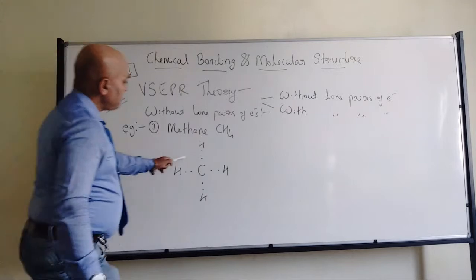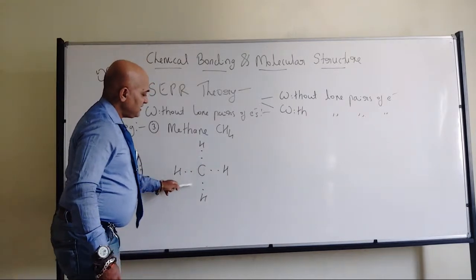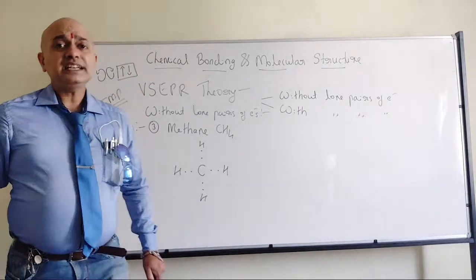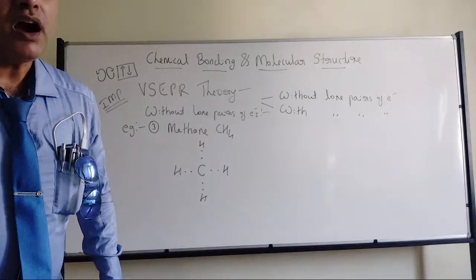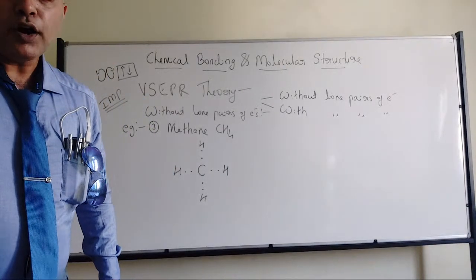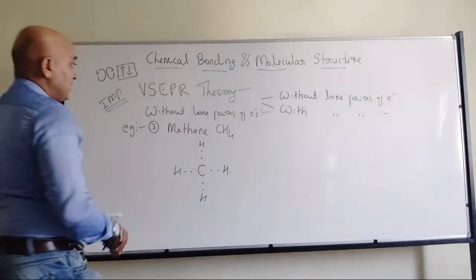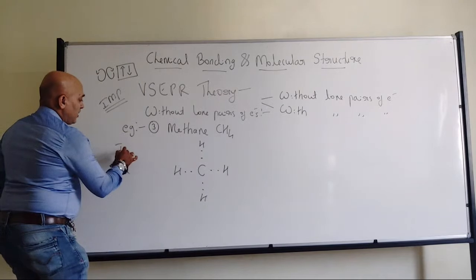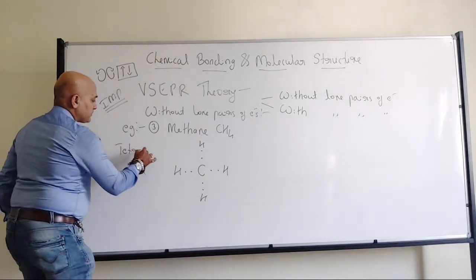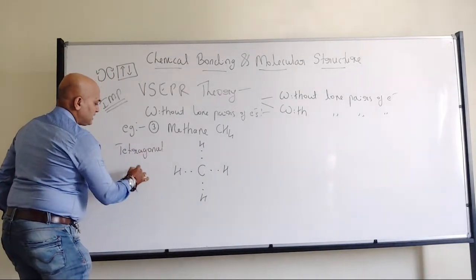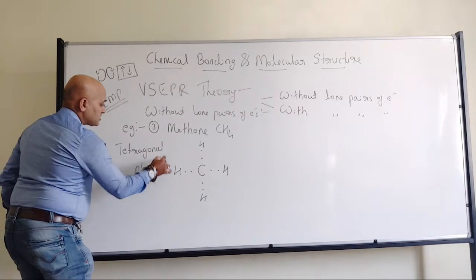But according to VSEPR theory, bonded pair electrons should be far from each other. So therefore, it is not a tetragonal planar structure.